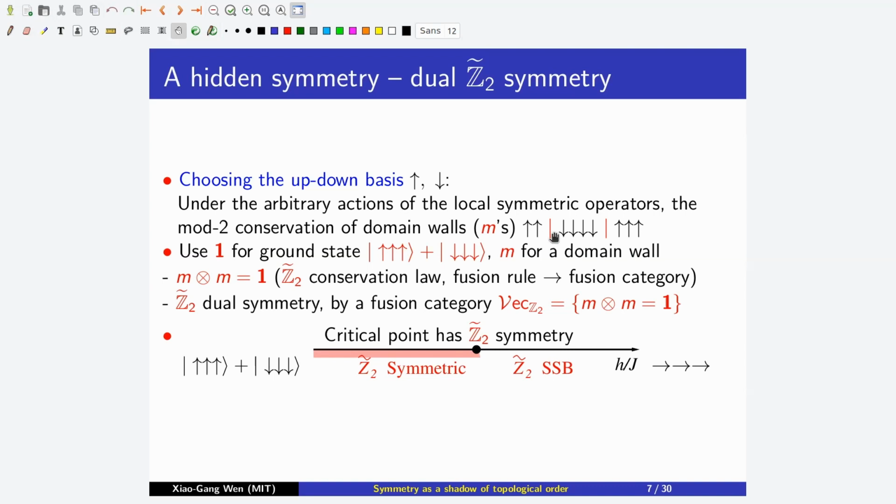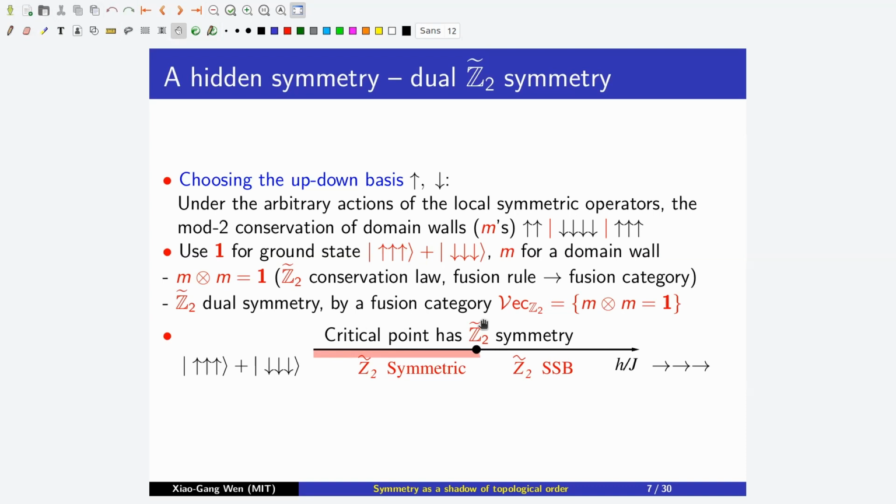Whenever you create a domain wall, it costs energy. So in this phase, we better not have a domain wall. They do not like a domain wall. So without domain walls, the domain wall does not condense. So this actually is the symmetric phase for this domain wall charge, or for the dual symmetry. So this is the symmetric phase for dual symmetry.